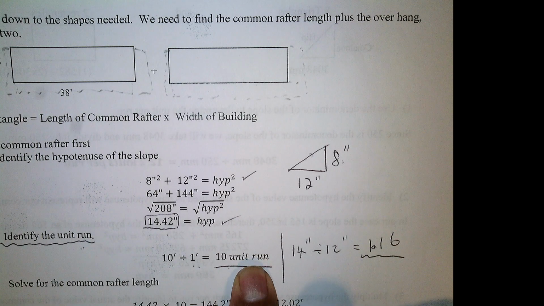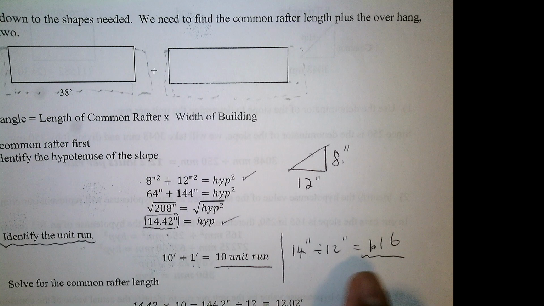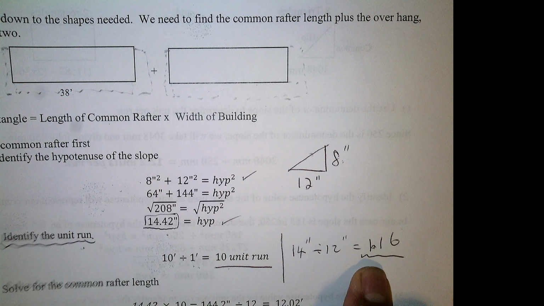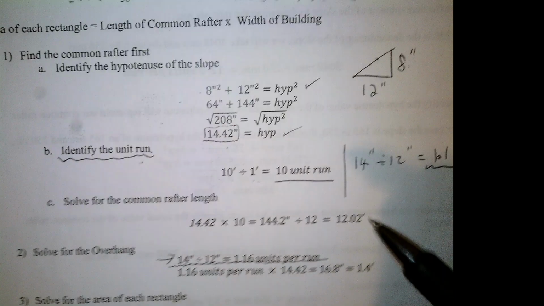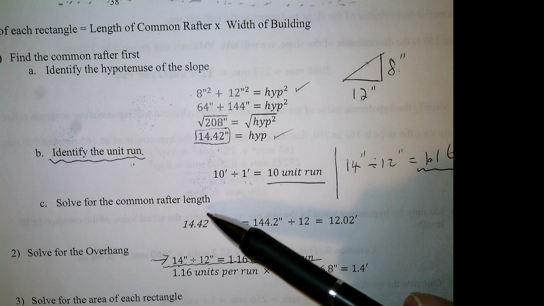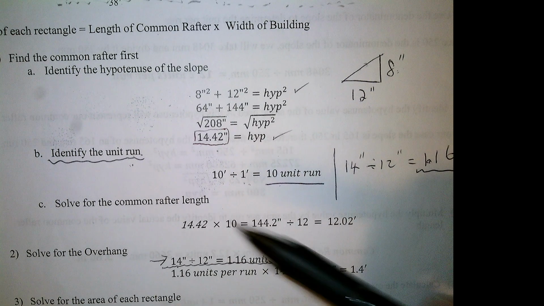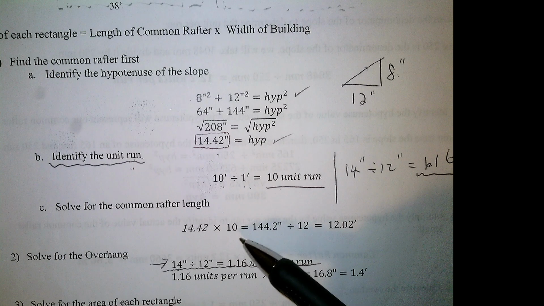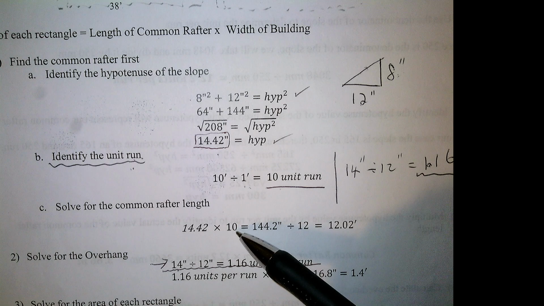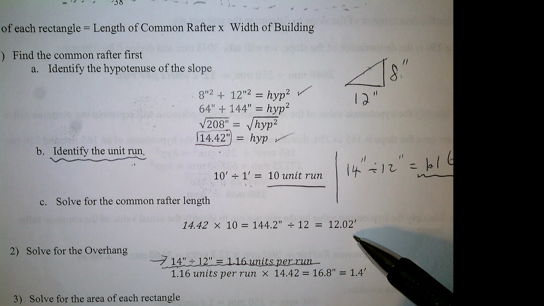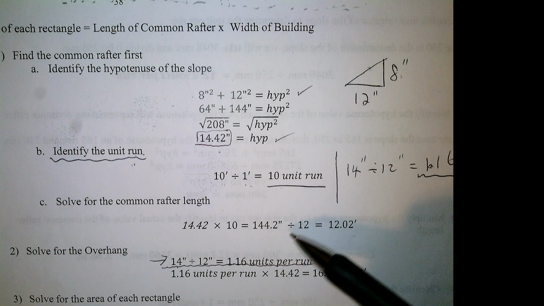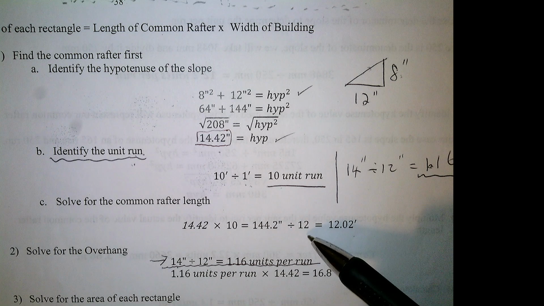This one has to do with the rafter length. This one has to do with the overhang. So this should be the C, common rafter. The first time I'm using the hypotenuse, multiply 14.42 times 10. That gives us 12.02 feet. You get 144.2 inches divided by 12, because 1 foot is 12 inches.